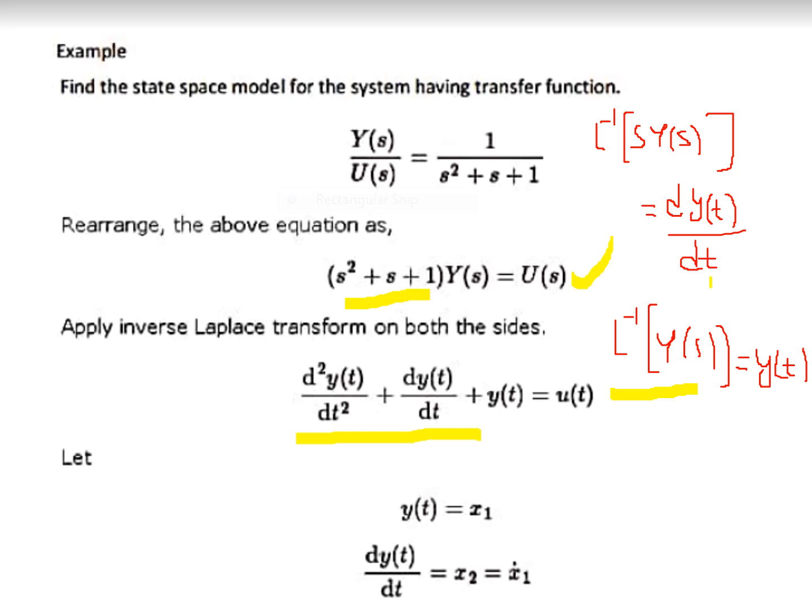For obtaining the state model, first consider y(t) equal to some state variable x1(t). Further, differentiating y(t), dy(t)/dt equals x1 dot, which is equal to another state variable x2.